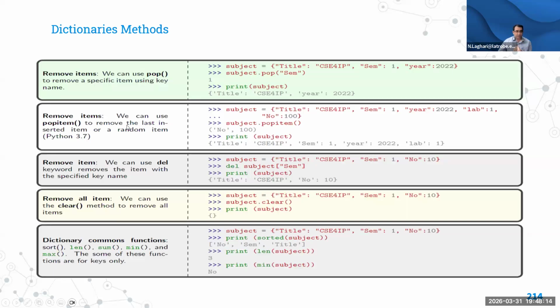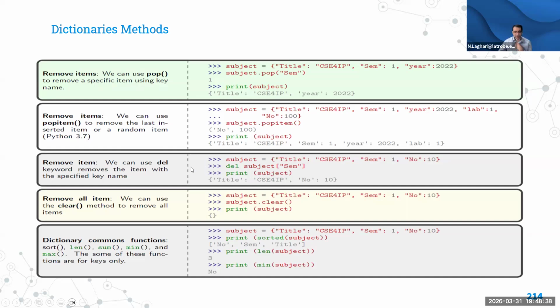Okay. And to remove an item, we can use popitem to remove the last inserted item, or a random item. So if we want to remove a specific item, we should use the key. Otherwise, the last item added would be removed.